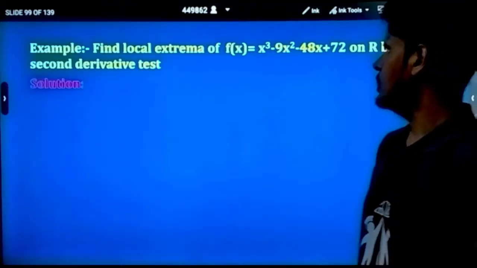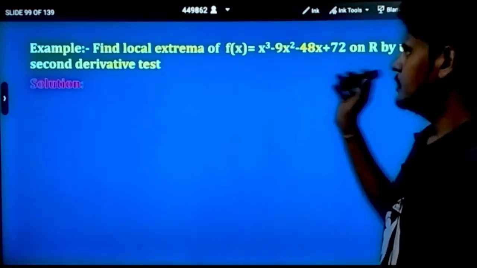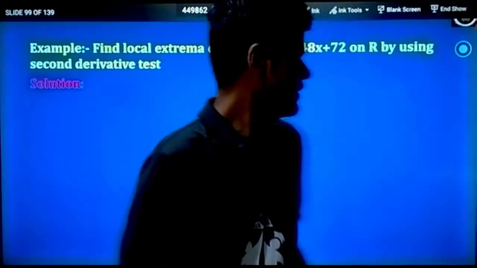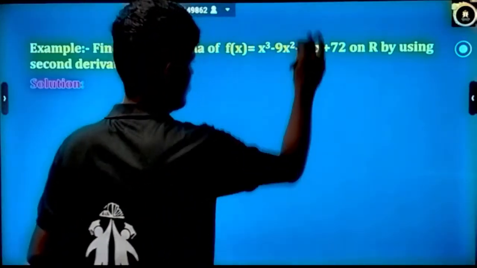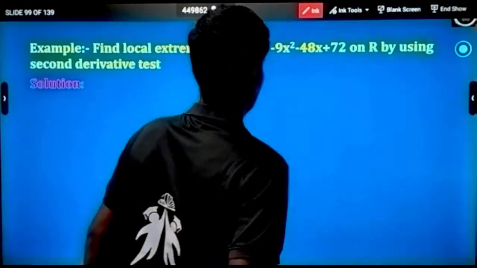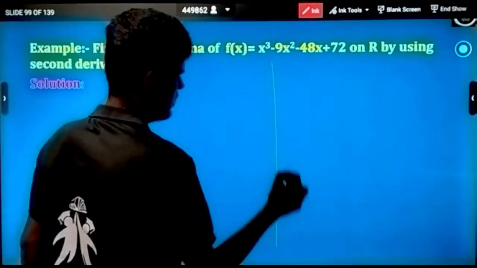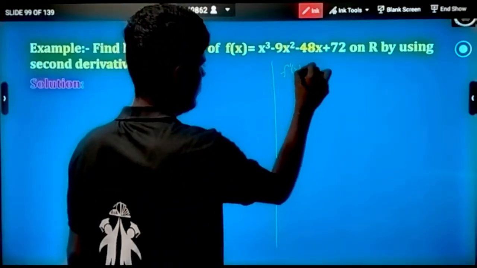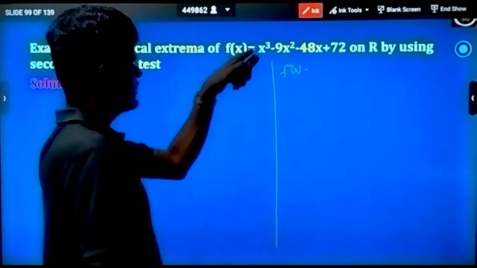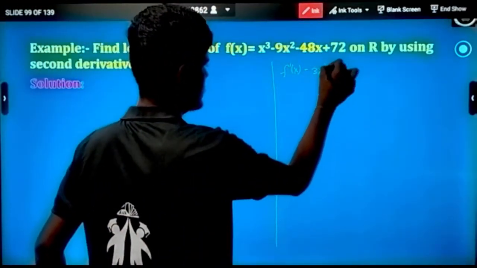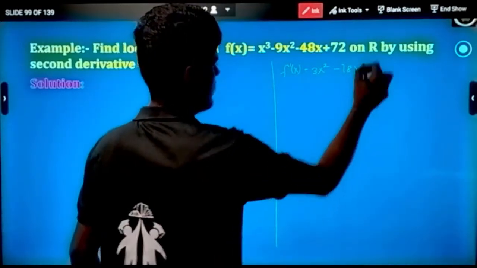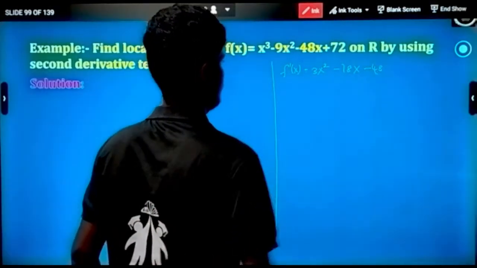For example, find the local extrema of this function using the second derivative test. Now what we need to do? First step is to find f dash of x. F dash of x is 3x square minus 18x minus 48.